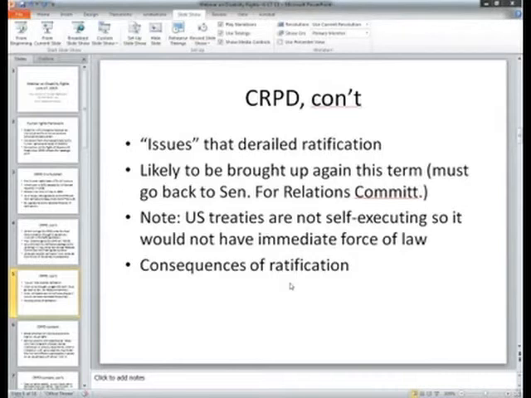We don't want the UN coming in and dictating to us what our role ought to be. I think most people understand that's not really what happens, but it managed to strike a chord with some, at least. In any event, the ratification failed.